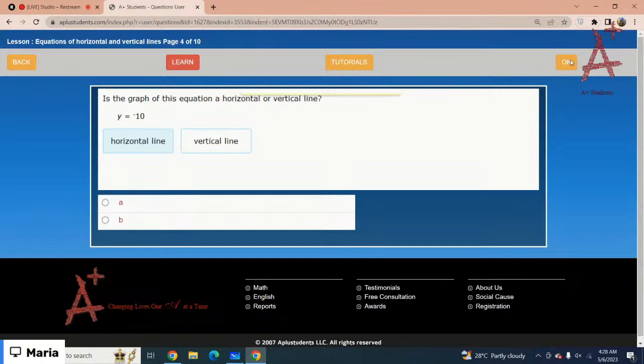It would be y equals -10 and it is parallel to the y-axis. So it would be the vertical line. Option number B is the correct option.